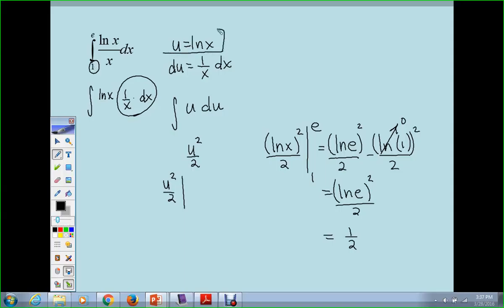So if we plugged in 1 for x, we'd have ln of 1, which is 0. And then if we plugged in e, we'd get u equals ln of e, which is 1. So we would have 1 squared over 2 minus 0 squared over 2. And again, we get the same solution.